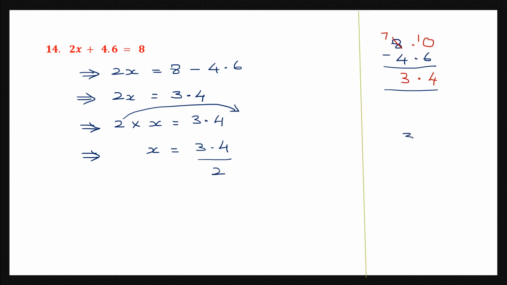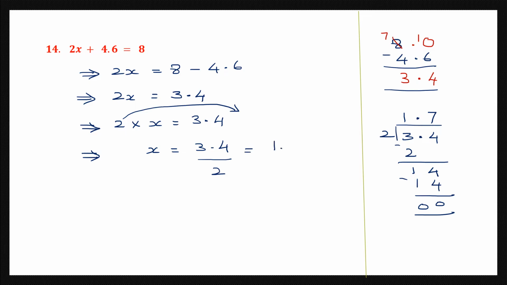So let me divide 3.4 by 2. 2 ones are 2 minus, I have 1, I'll bring down the 4. Now I must carry this point up to the same place. Now my number is 14. 2 sevens are 14. So minus, we have 0, 1.7. So here we have 1.7. That means the value of x is 1.7.